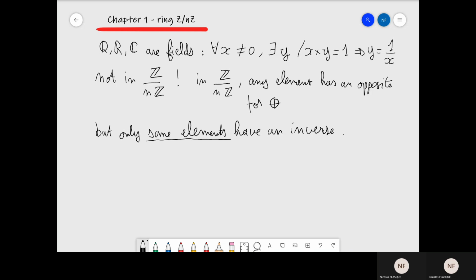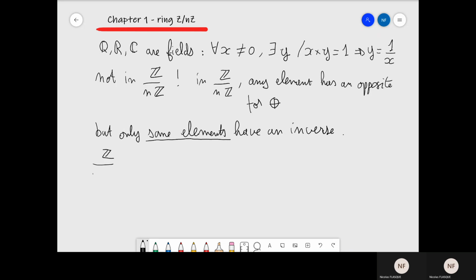That is the definition of a field that's still written on the top left of the board you're looking at. So for any element different from zero, this element has an inverse. Actually, this property is not true in Z over NZ.